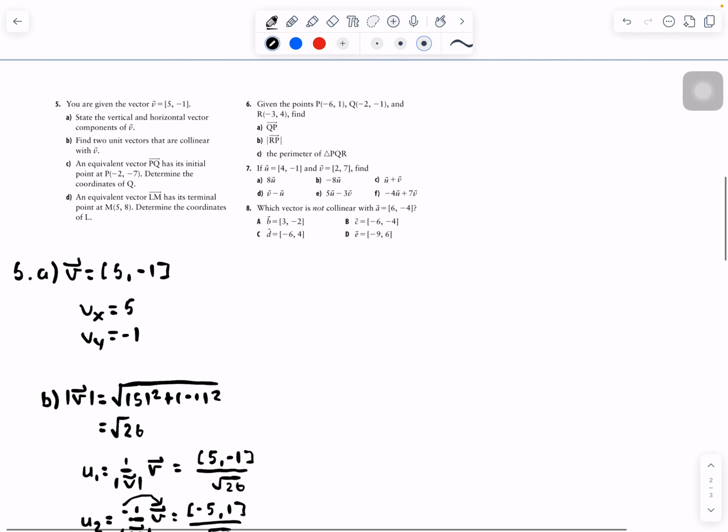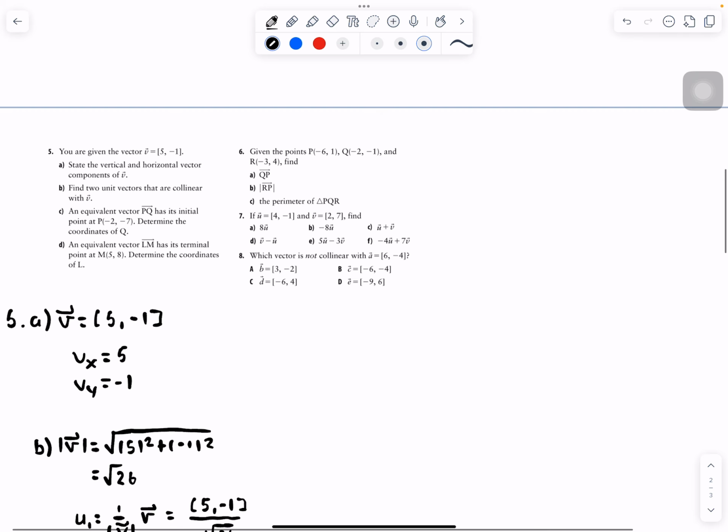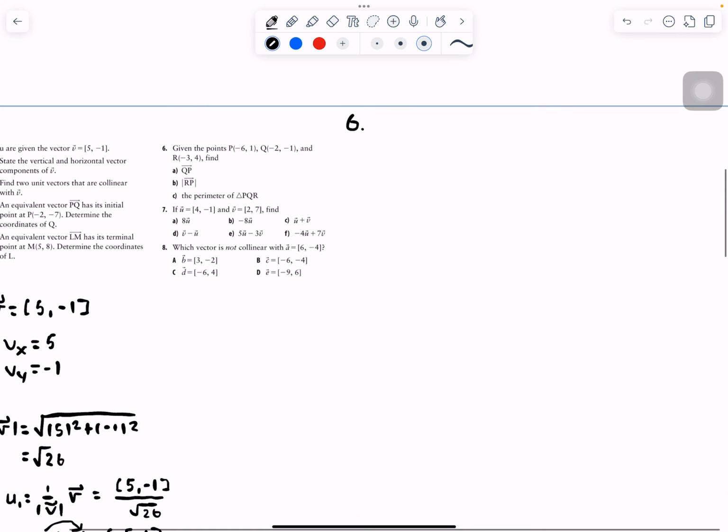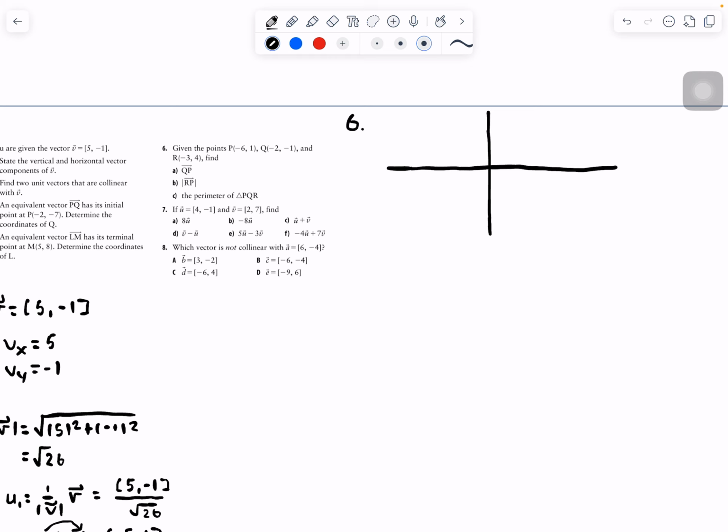Alrighty, moving on to question 6. I might give myself some room to draw here. This might not be to scale, I apologize. So we have (-6, 1), somewhere around here, maybe.